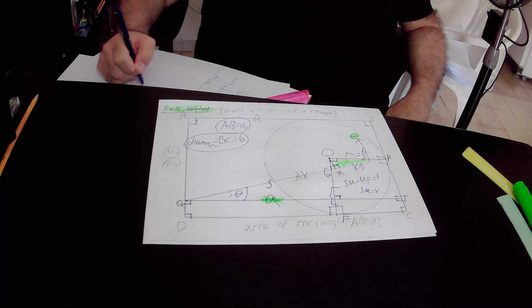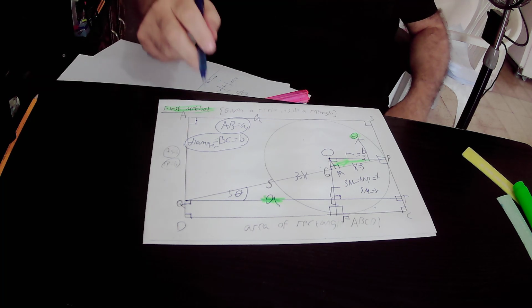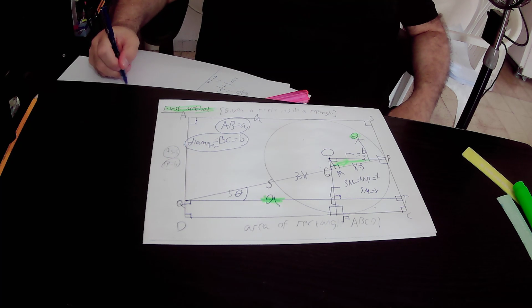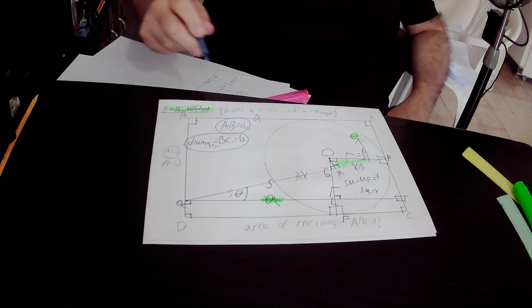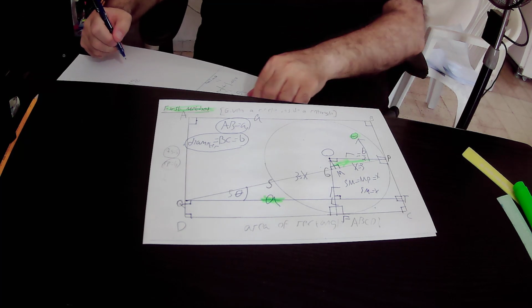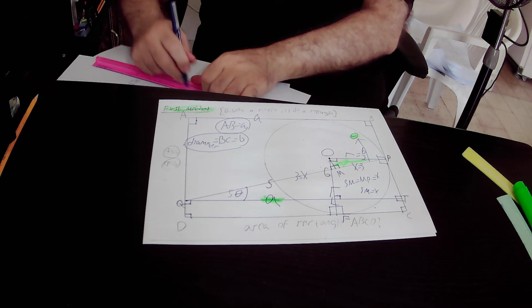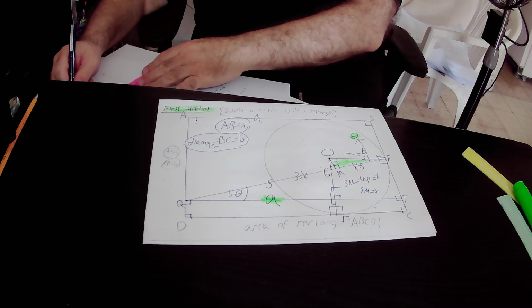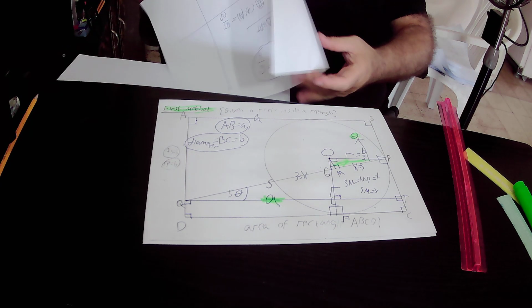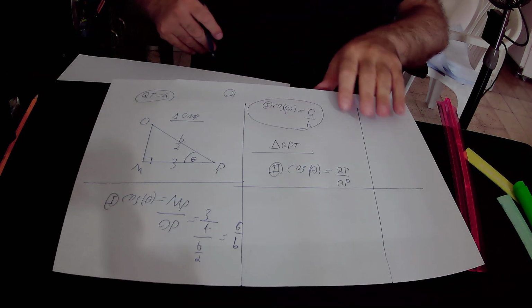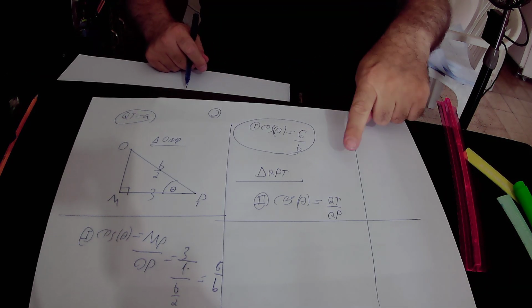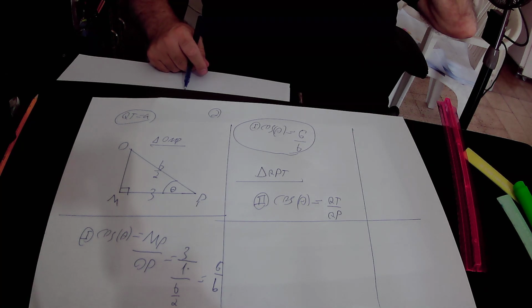Here, the value of cosine theta is equal to QT over QP. I repeat again: in the right big triangle QPT, cosine theta equals QT over QP.